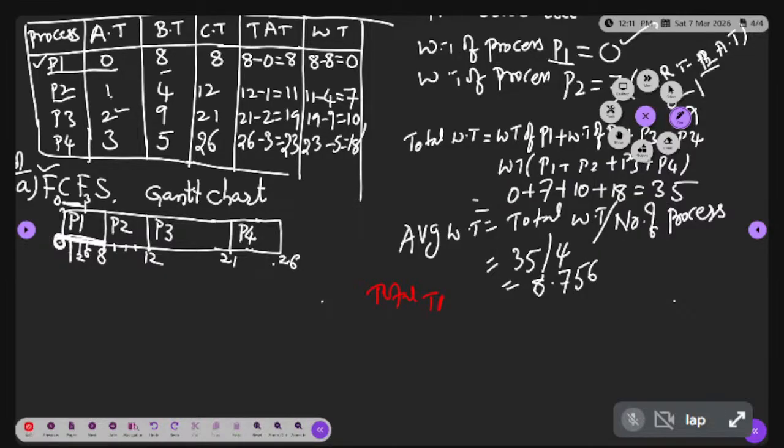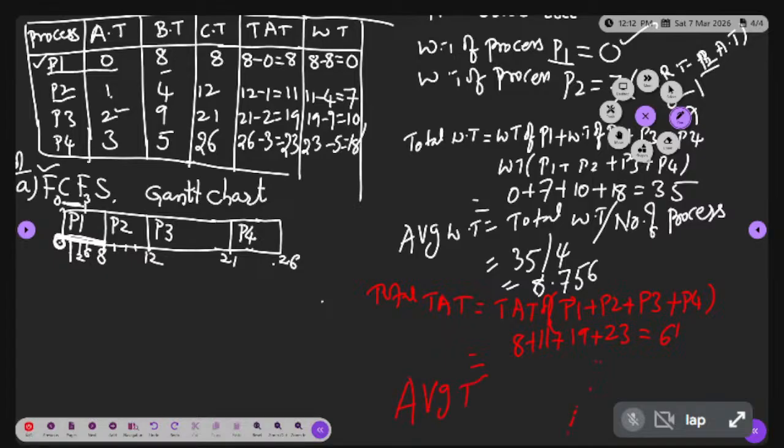Total turnaround time is turnaround time of P1 plus P2 plus P3 plus P4. Turnaround time of P1 is 8 plus 11 plus 19 plus 23, that is 61.